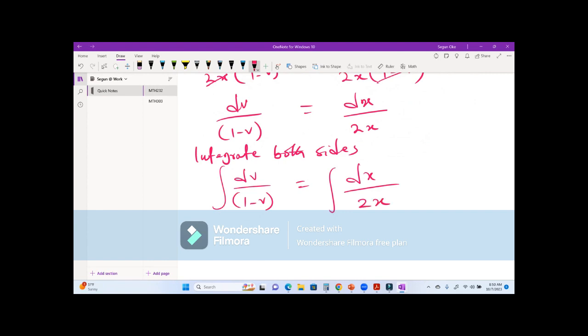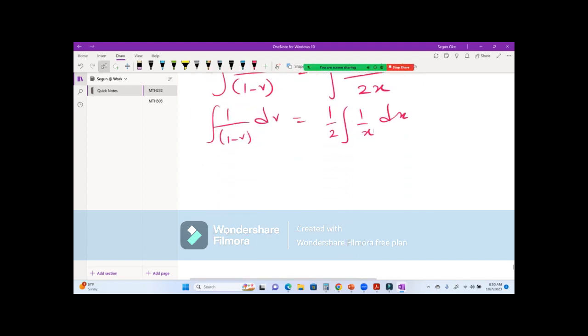I have this one to be the integral of 1 all over 1 minus v dv equals to 1 all over 2 integral of 1 all over x dx. So that you simplify them, because these two can be separated, they are constant.